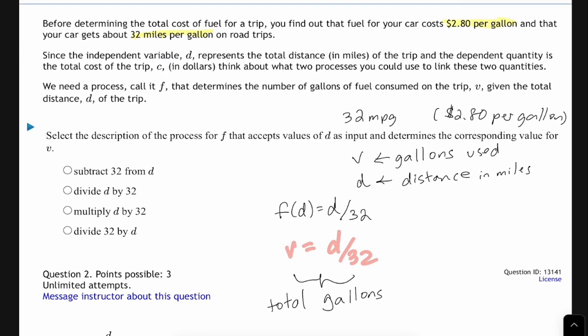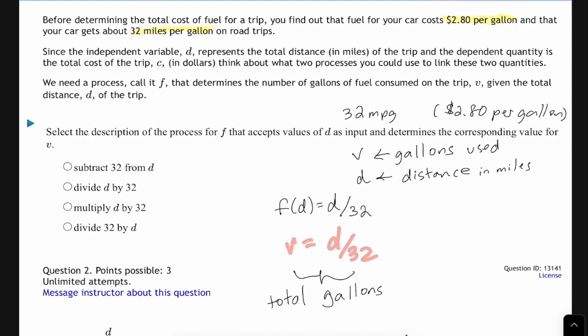And now, they've given us more information. They told us that the fuel costs $2.80 per gallon, and that your car gets 32 miles to the gallon. And then it says F is going to determine the number of gallons of fuel consumed on the trip, V, given the total distance D of the trip.